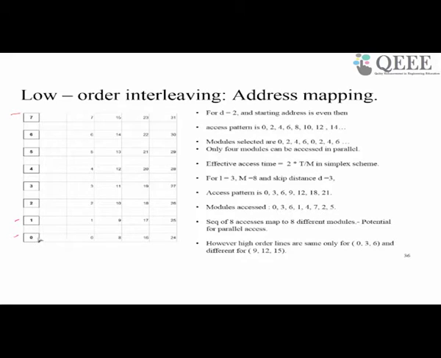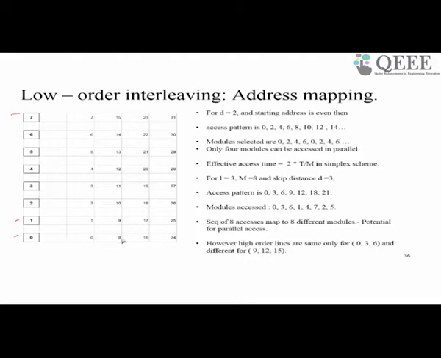Those addresses are 0, 8, 16, 24 and so on. The addresses will get mapped onto successive modules as follows: address 0 to module 0, 1 to 1, 2 to 2 and so on up to 7.